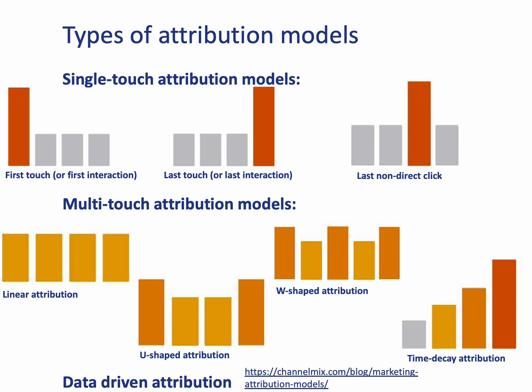Let's now talk about the different types of attribution models. In general, there are three categories: single-touch attribution models, multi-touch attribution models, and data-driven attribution models. Single-touch attribution models would look at a single marketing touch point to give all the credit for a conversion.